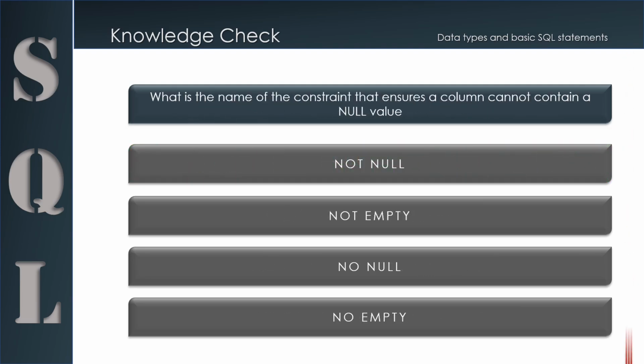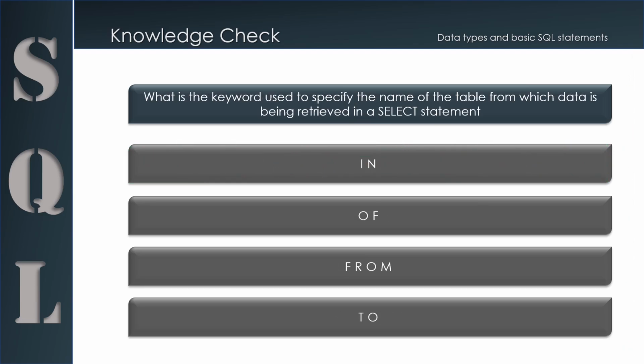What is the name of the constraint that ensures a column cannot contain a null value? What is the keyword used to specify the name of the table from which data is being retrieved in a select statement?